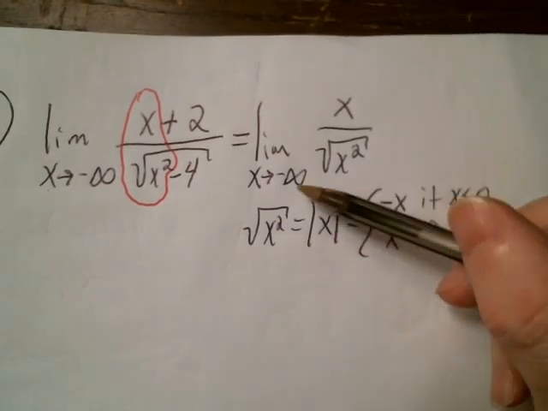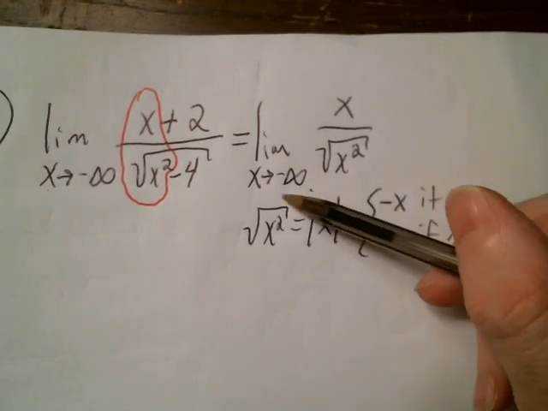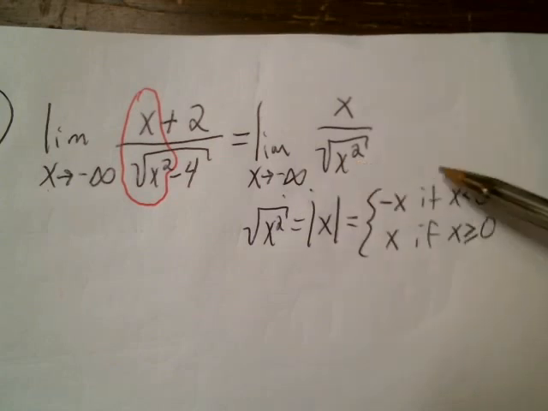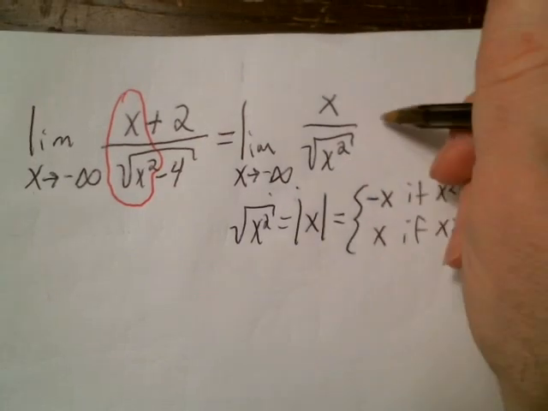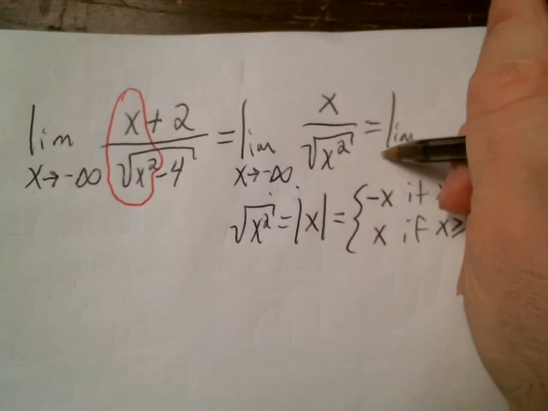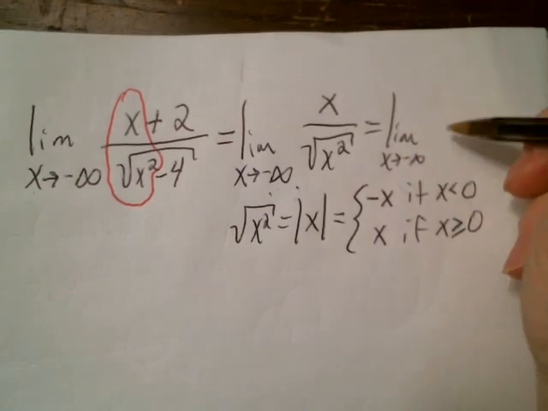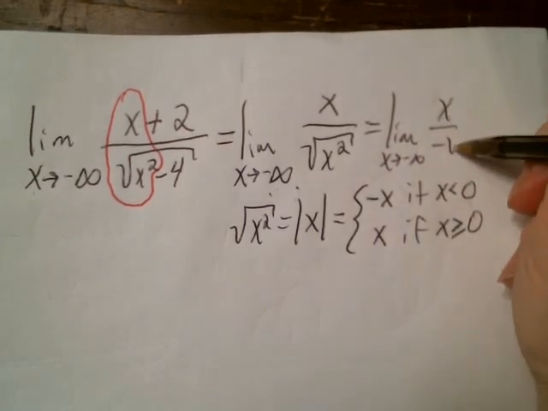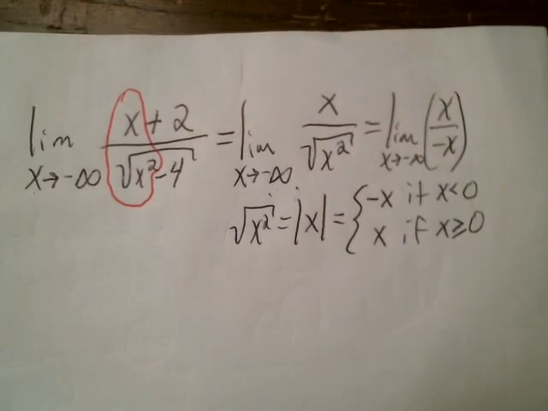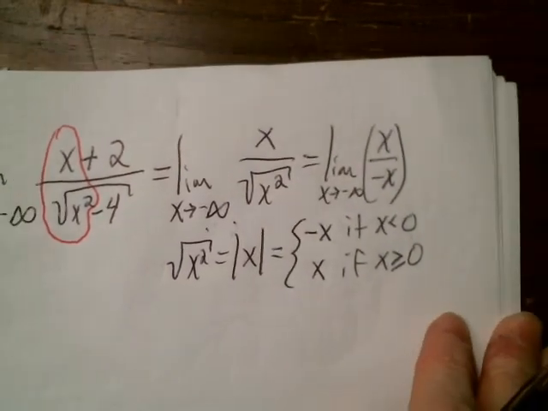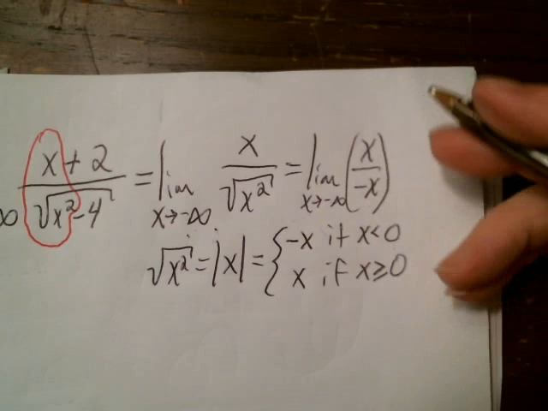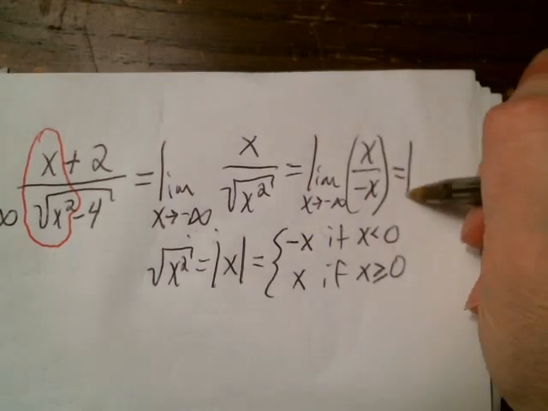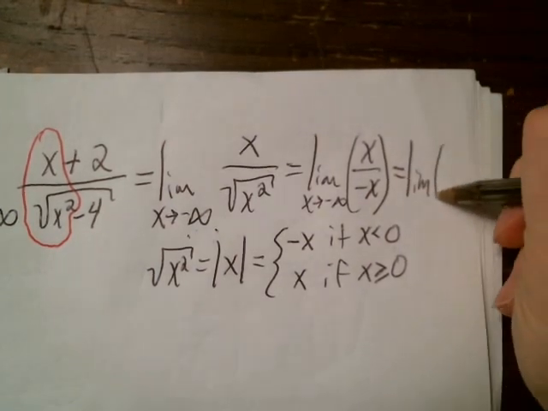Okay. So in this case, the input values are all going to be negative. So this thing will be negative x. So it's going to be the limit as x goes to negative infinity of x over negative x. Okay. And then you could simplify that. That's just -1. And the limit of a constant is always just the constant.